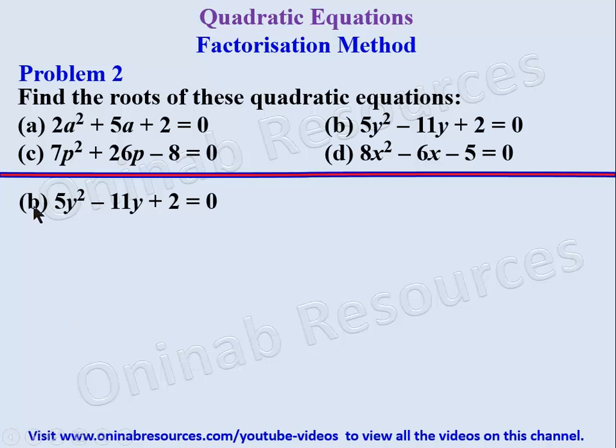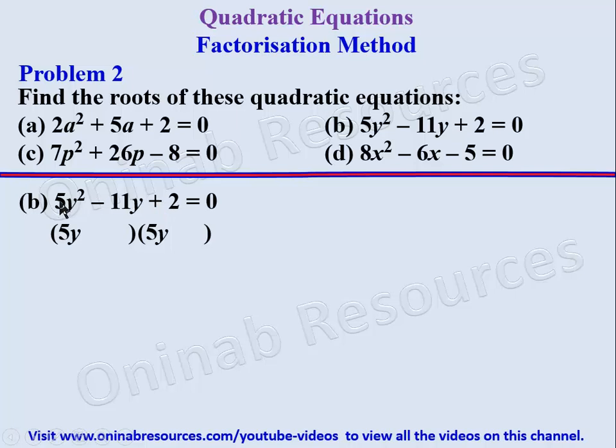For problem 2b, I have 5y squared minus 11y plus 2 is equal to 0. Again, the coefficient of y squared is not 1. So we are bringing into our bracket 5y, 5y. Then we are not looking for the constant term alone for our factors.